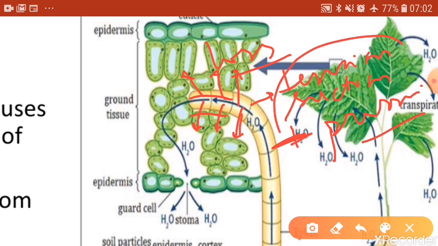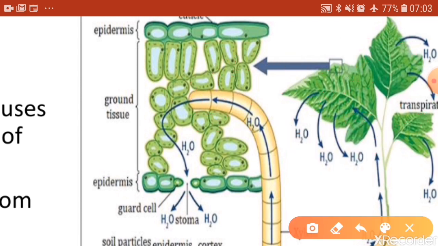So this tension, suction or negative pressure that is created is what is called the transpiration pull. Because of this negative pressure, water will now be pulled from the stem region.